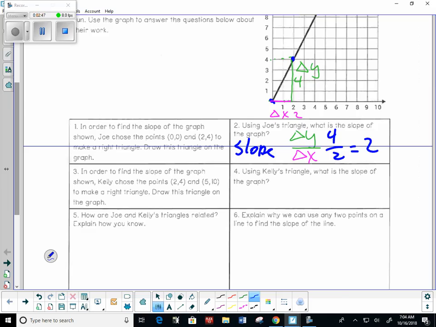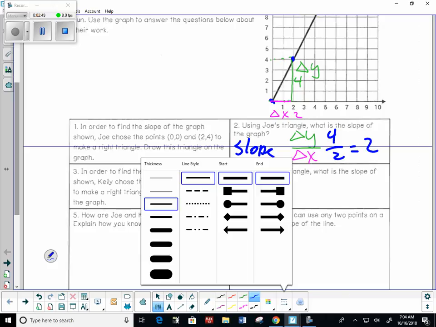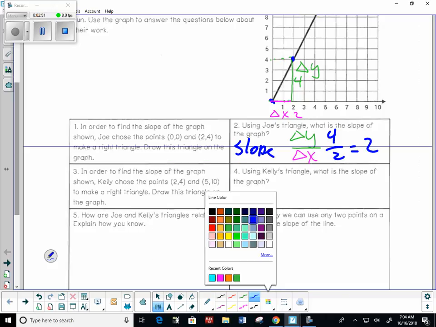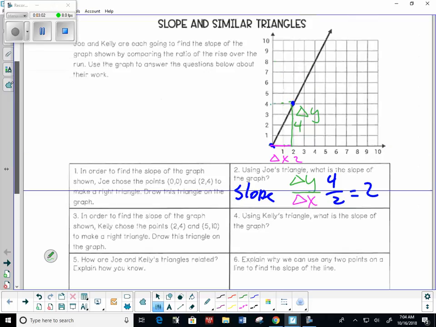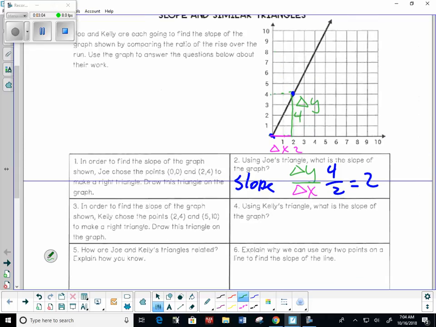In order to find the slope of the graph shown, Kelly chose the points 2, 4, and 5, 10. So let's go ahead and get her points. Here's her point 2, 4, and here's 5, 10. Let's go ahead and find her right triangle.